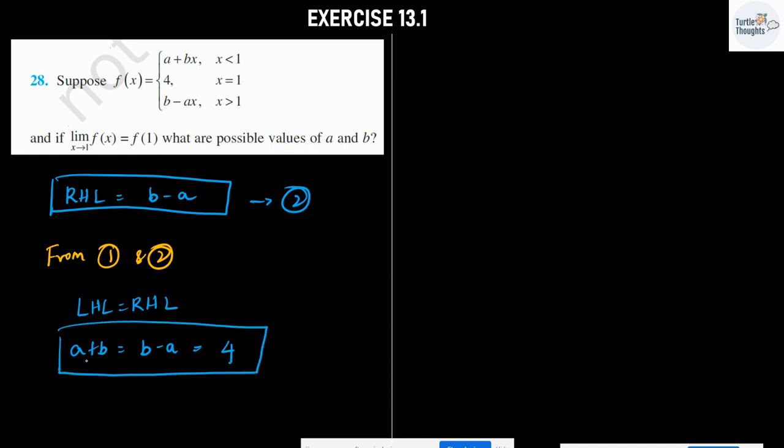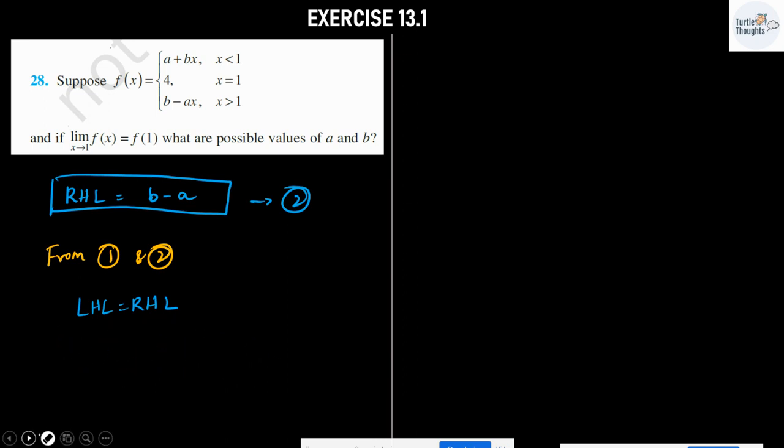I will consider only the first two equations. Now, a plus b is equal to b minus a. So can I cancel b over here? Yes. Or I can do it the other way as well. So forget this. What I'm going to do is write the same thing: a plus b is going to be equal to b minus a, and both should be equal to 4.